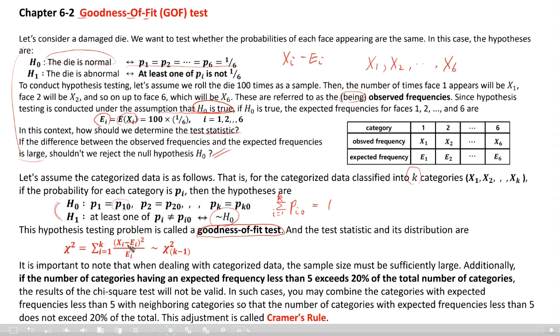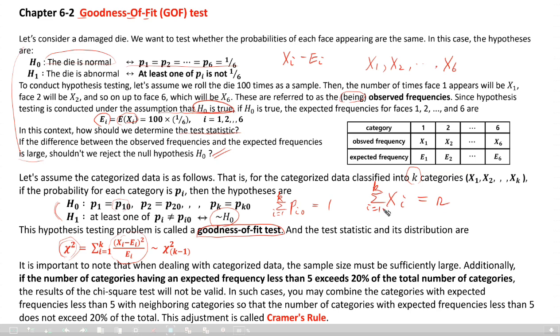Observed frequency minus expected frequency, the difference squared, divided by the expected frequency Ei, summed from 1 to k. That is chi-square, and this chi-square test statistic follows a chi-square distribution with degrees of freedom k minus 1. Why? The sum of Xi, i from 1 to k, is equal to n.